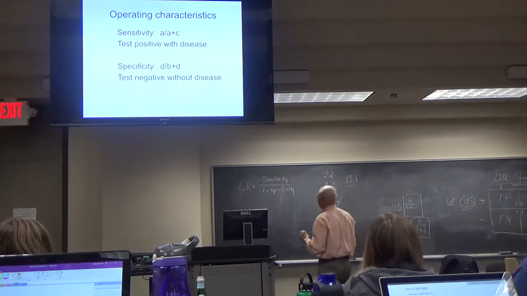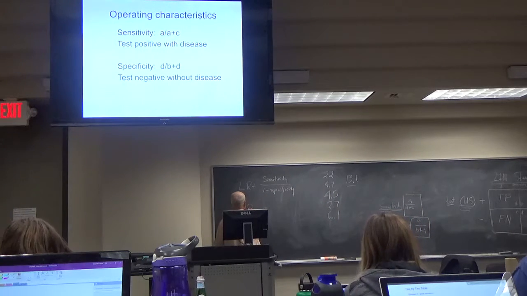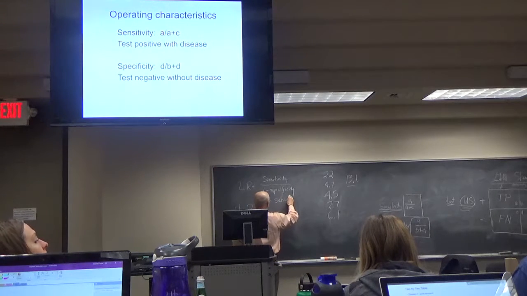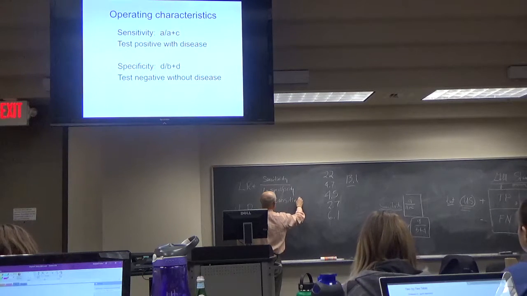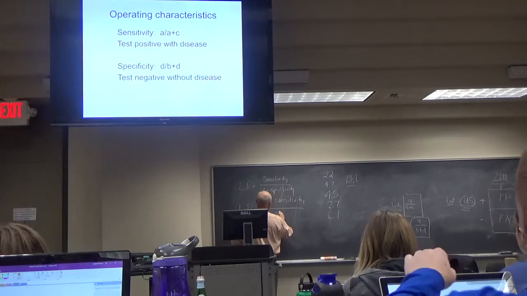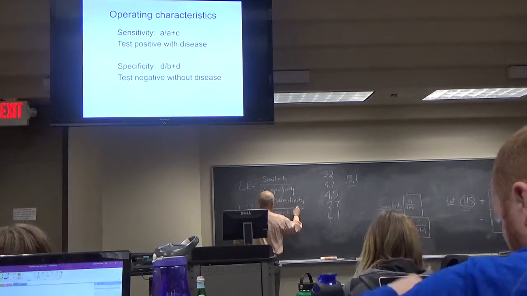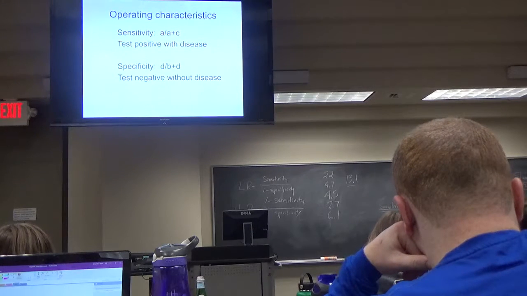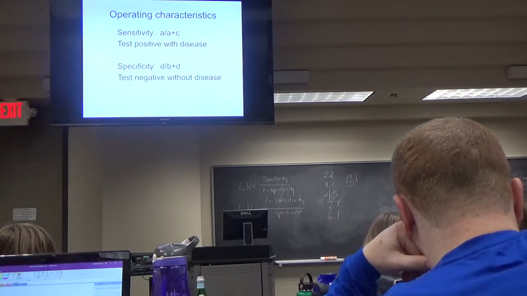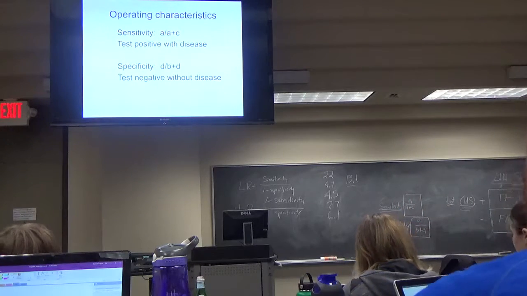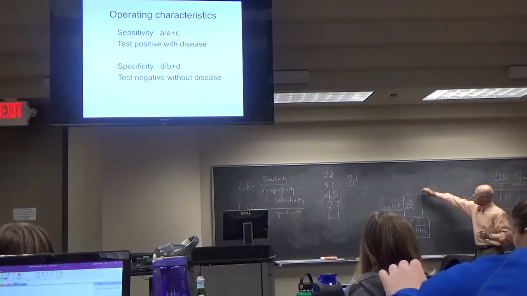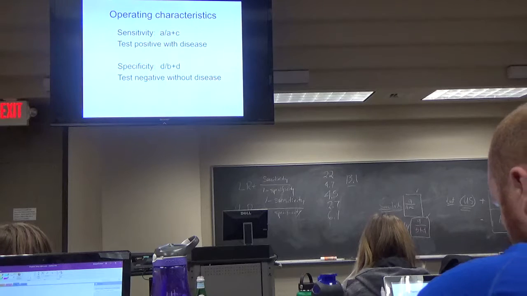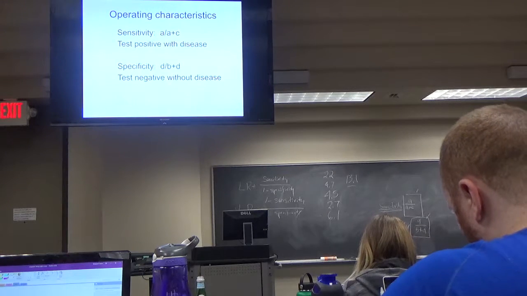Now the cool thing about the definition of likelihood ratios is that sensitivity always is in the numerator, and specificity is always in the denominator. So if you're given a 2x2 table with numbers in it, now you know how to calculate the sensitivity, how to calculate the specificity, and from that, you can now calculate the likelihood ratio of positive and negative.